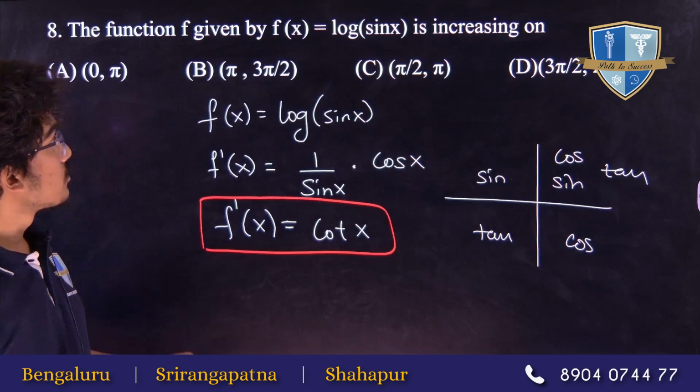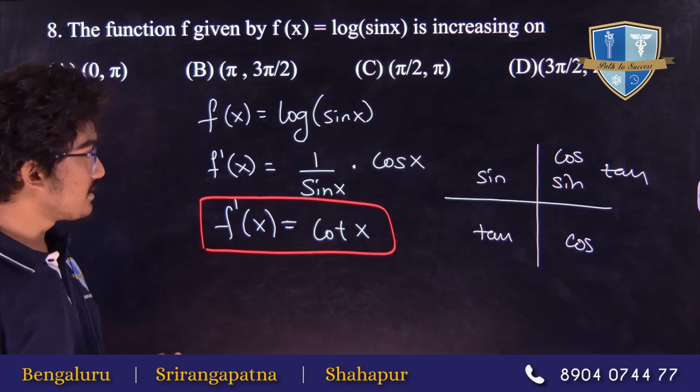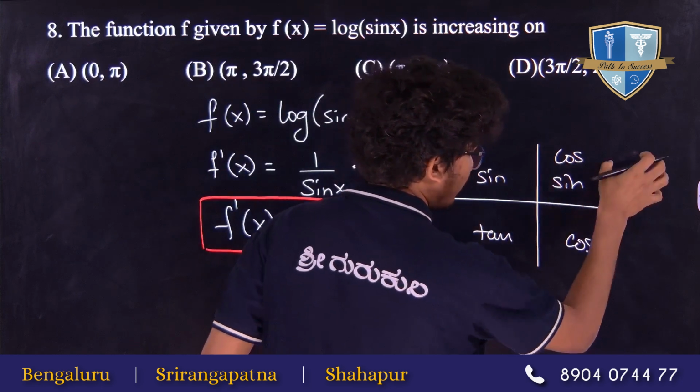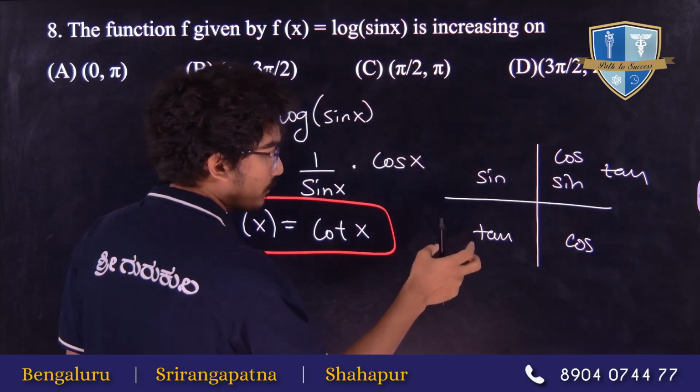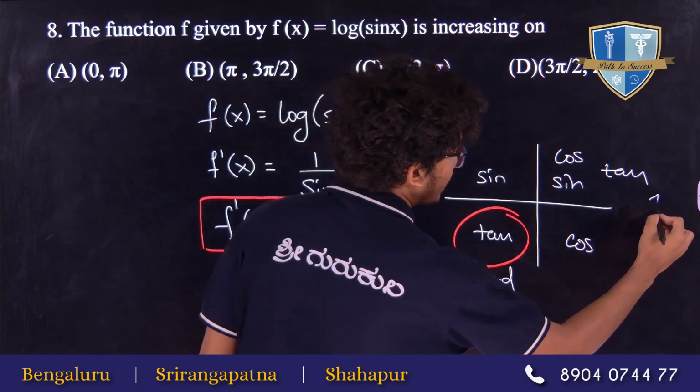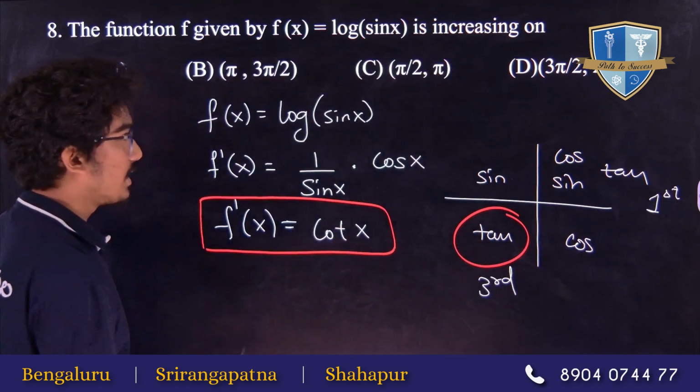So in which interval will this be increasing? If tan is positive, then cot is also positive, correct? So cot will be positive in third quadrant or first quadrant.